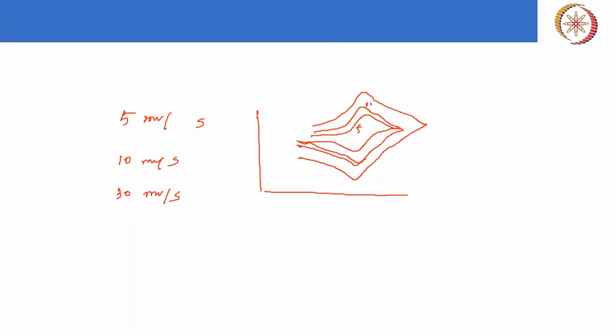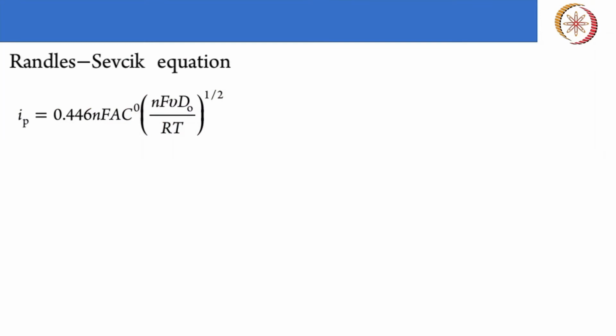Suppose this is 5 millivolt, this is 10, and this is 30. So with scan rate your current value will increase, and we can get the information from the Randles-Sevcik equation: peak current as a function of scan rate.